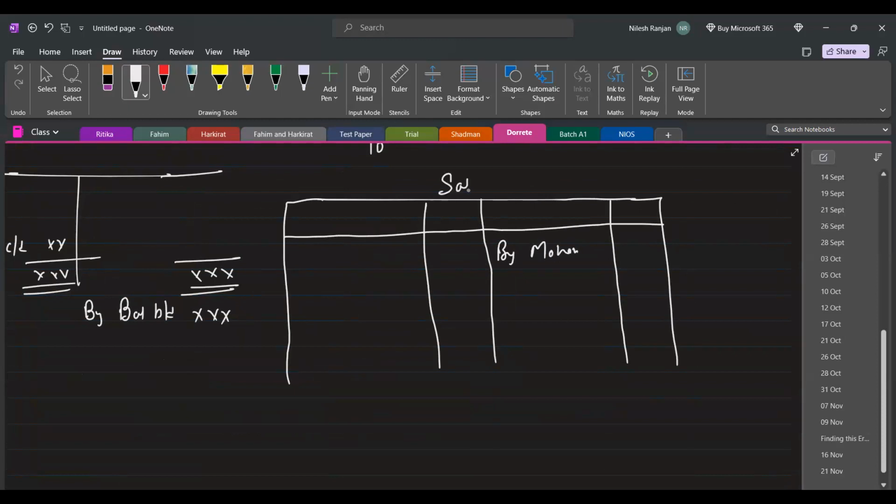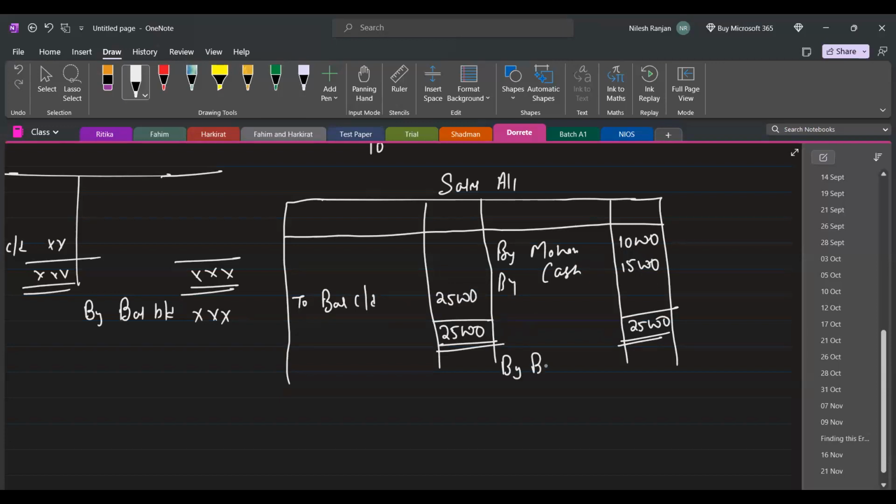This is the sales account, and then by cash, only two items. Let's say 10,000 and 15,000, so the total is 25,000. You have calculated the balance on the debit side, to balance c/d 25,000, and this balance is written below the total in the next period, by balance b/d 25,000.